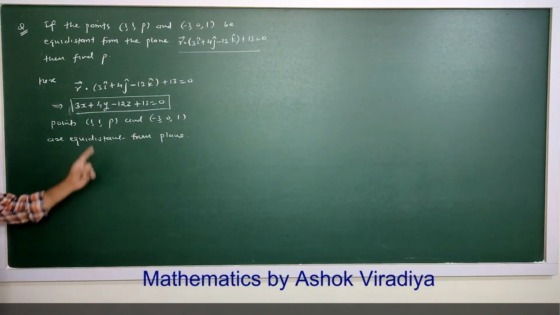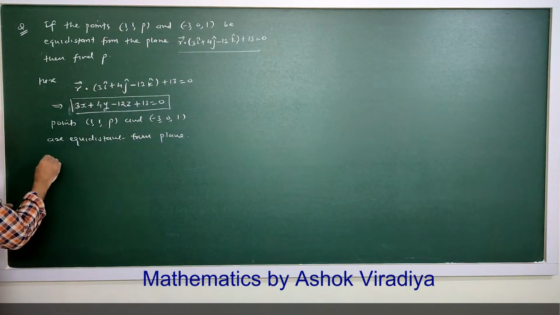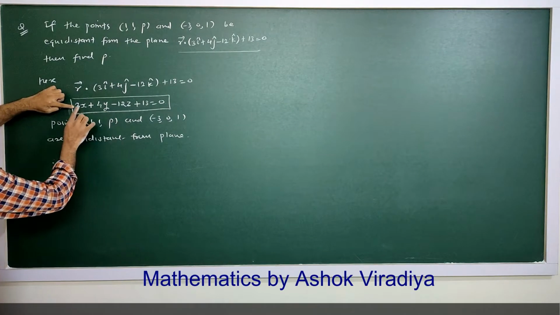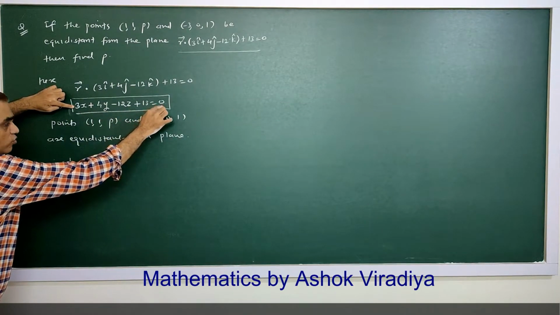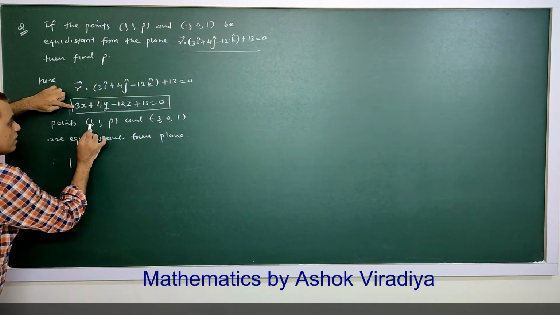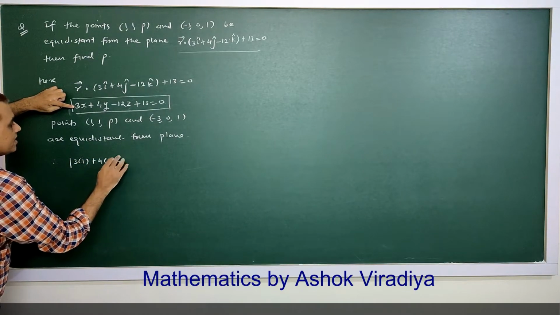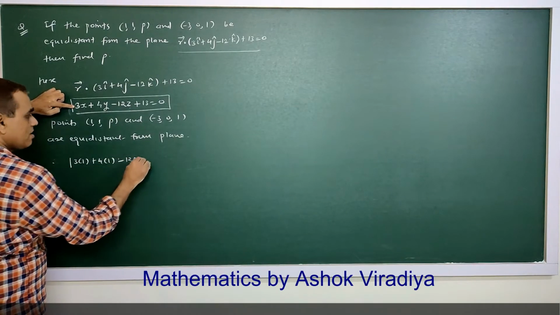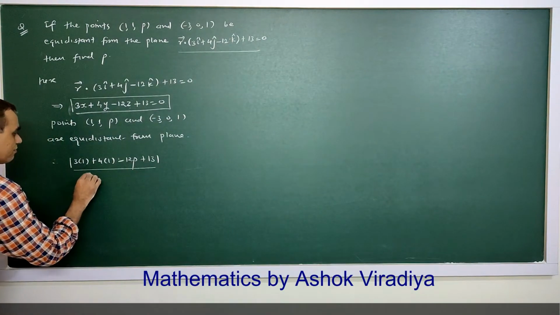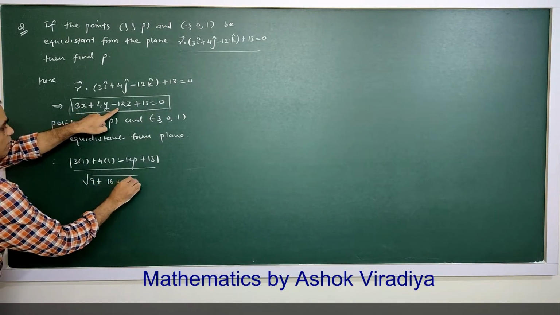So the distance of this point from this plane is equal to the distance of the other point from the same plane. Applying that formula, modulus of, on the right hand side we already have 0. Now in the left hand side we replace x, y, z by 1, 1, p. So 3 into 1, 4 into 1 minus 12 into p plus 13, divided by square root of a square plus b square plus c square.